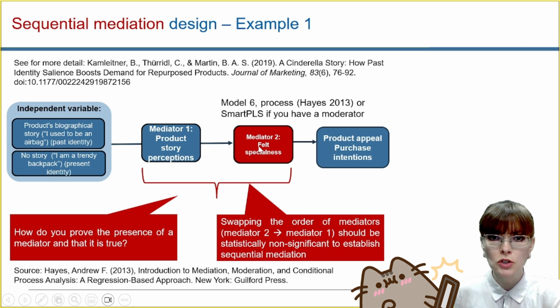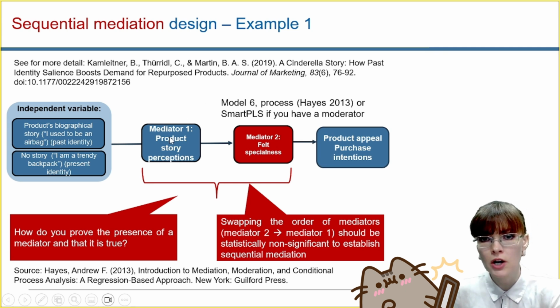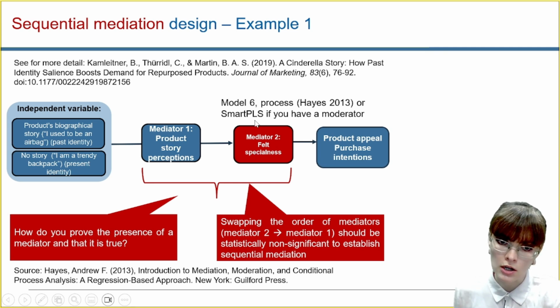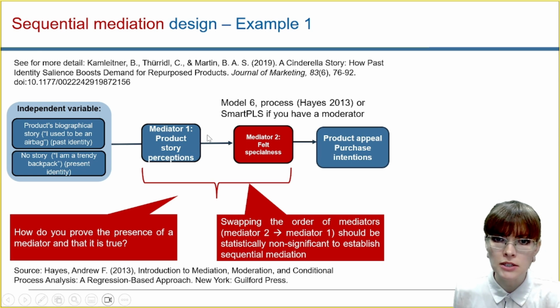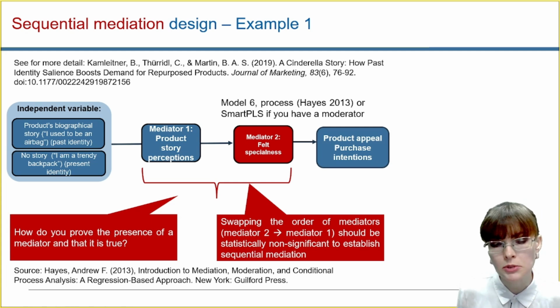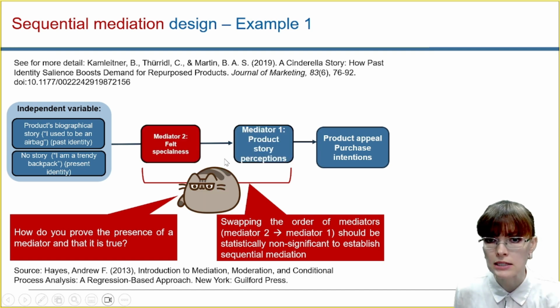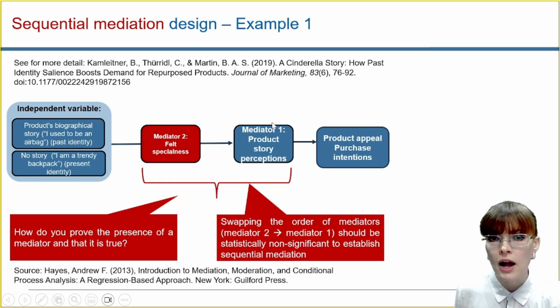So you move mediator 2 here and mediator 1 here. And what you want in this case is for this relationship to be not statistically significant, to establish the presence of sequential mediation. So visually, it would look like this: you are putting your mediator 2 here, mediator 1 here, and this path here should not be statistically significant because you are using a different approach.